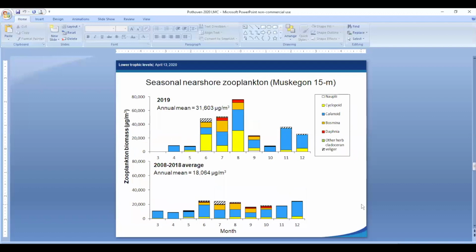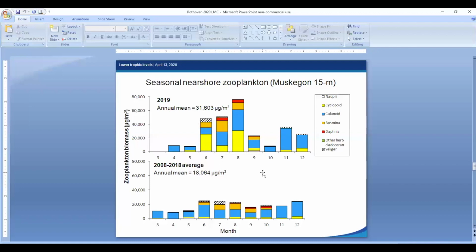Switching to the nearshore, it's kind of a whole different story than what we saw on the offshore. Here, our annual mean in 2019 was much higher than what we see on average. In large part, we just have really high zooplankton biomass in the summer in 2019, and especially high biomass of cyclopoid copepods, and maybe to a lesser degree Bosmina.